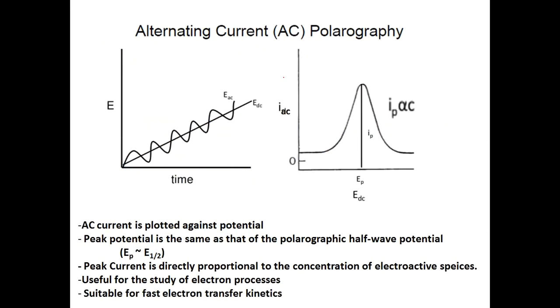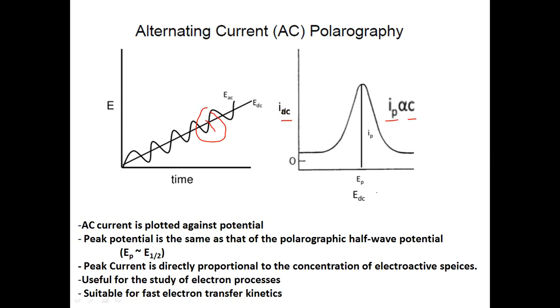This is the plot you get for AC current polarography, right? So let's say the E half value is somewhere around here. At this position you will get the plot where the peak of the AC current is obtained, and the peak height of this current is directly proportional to the concentration of the electroactive species, right? So the AC current is plotted against the potential.